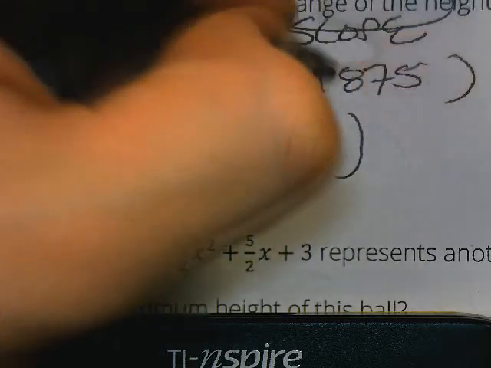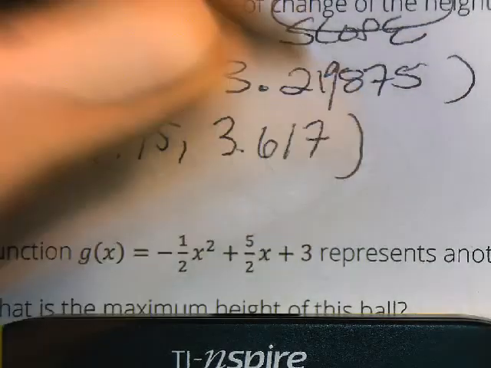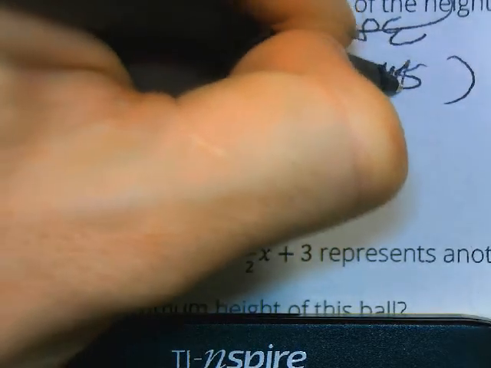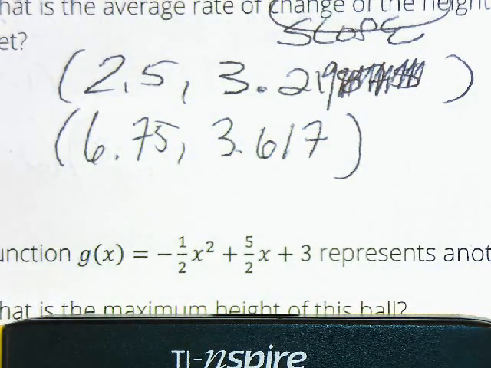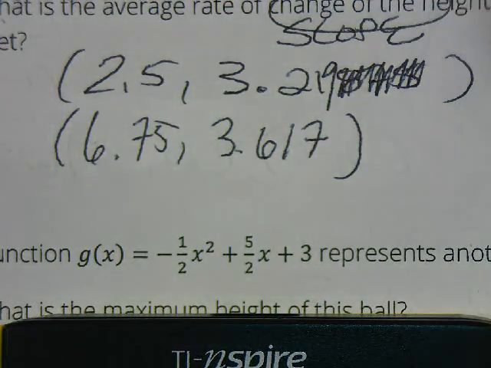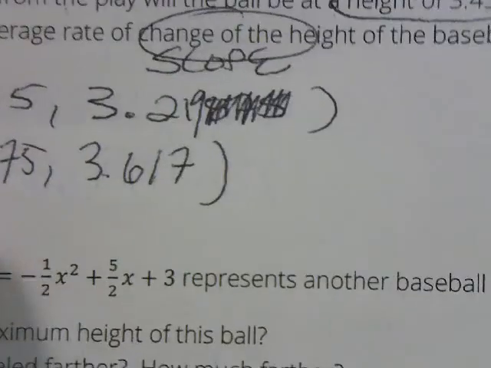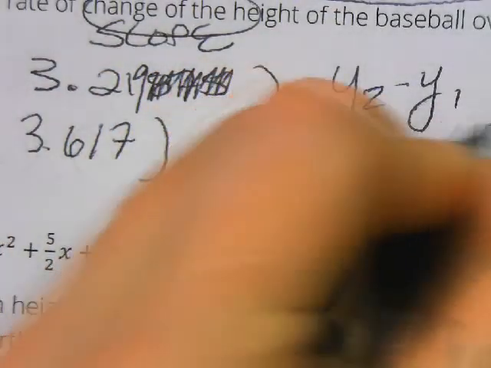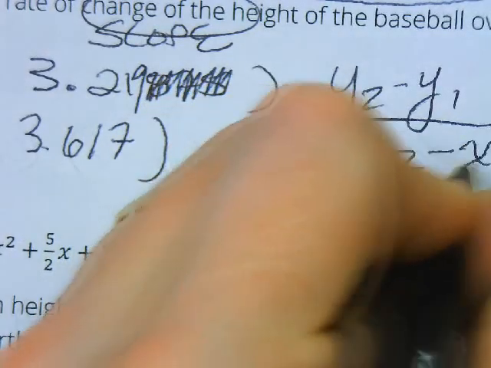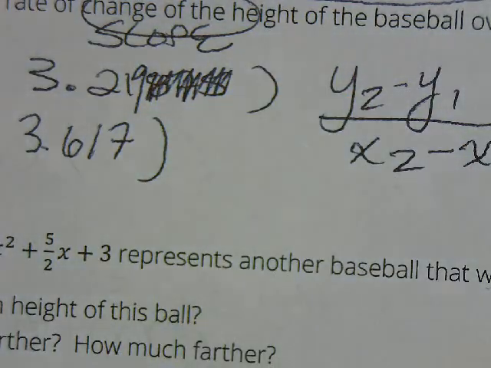To find the slope, I just need to use my slope formula, and that's y2 minus y1 over x2 minus x1. Once we do that, we fill in y2 minus y1 over x2 minus x1, which looks like this.